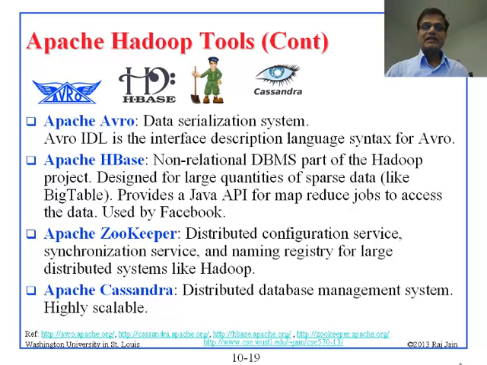So now let's see if we can make sense of this. Avro is the data serialization system and interface definition language, IDL. Interface definition language is the interface description language syntax for Avro. So that doesn't make much sense. Basically, all it is saying is that they have their own language and you can serialize the data. So, data serialization system. Basically, when you have things, they may not be in key-value pairs and things like that.